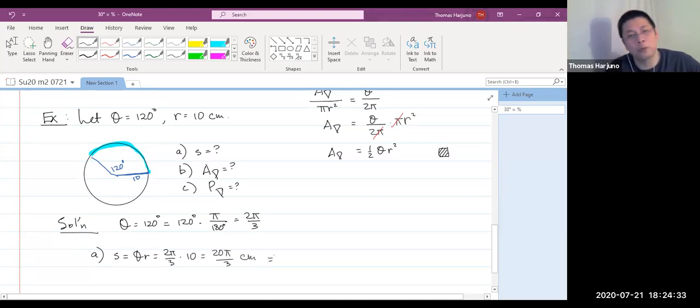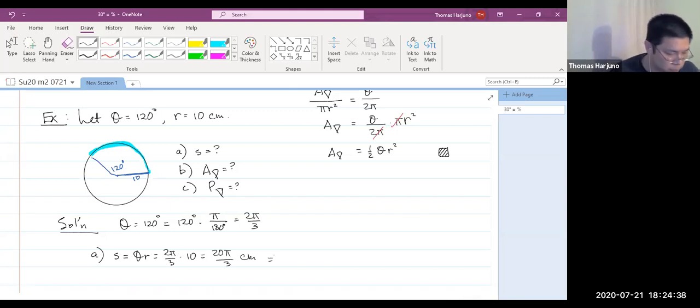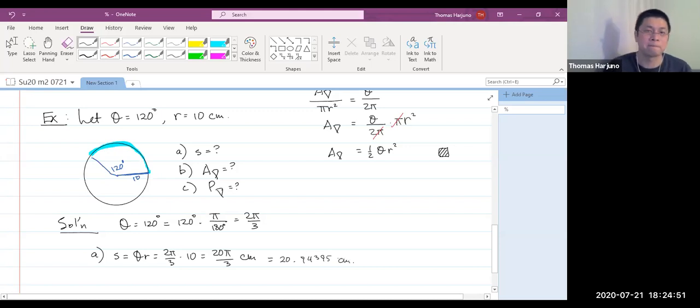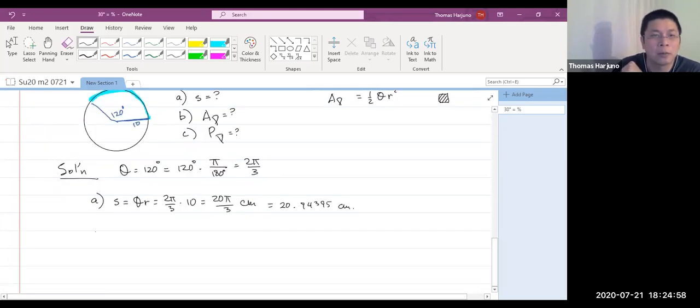Then from there, if you want to approximate that, go ahead, 20 pi over 3 gives me 20.94395 centimeters, 5 decimal places. Now how about part B, the sector area? Area of the sector, that's 1/2 theta r squared.